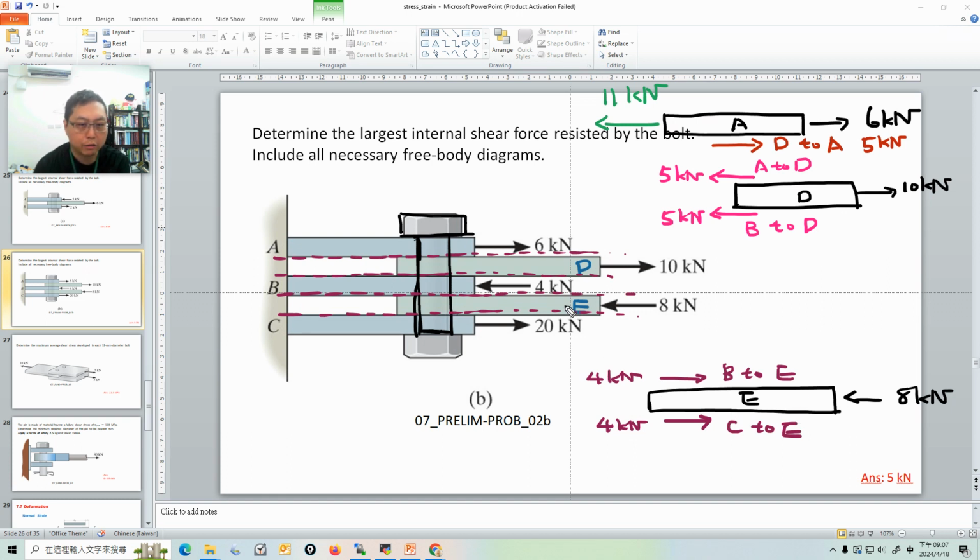Next we can use this information to draw the free body diagram of B and C. Let's start from B first.